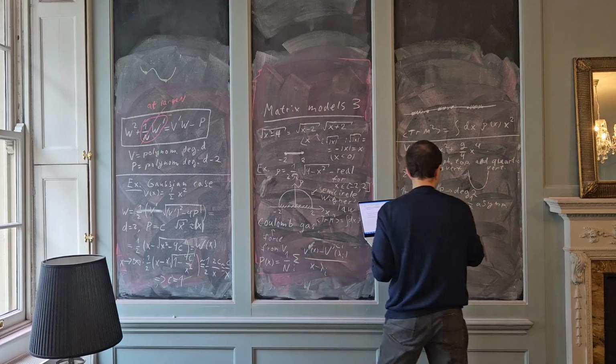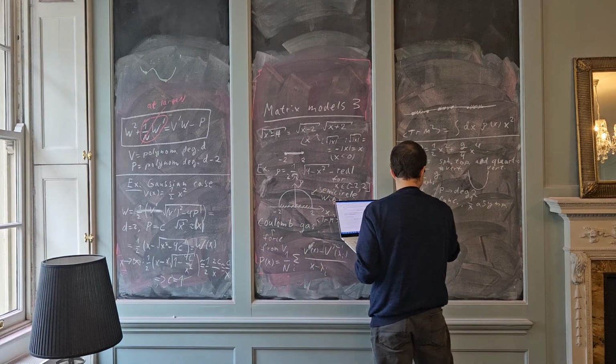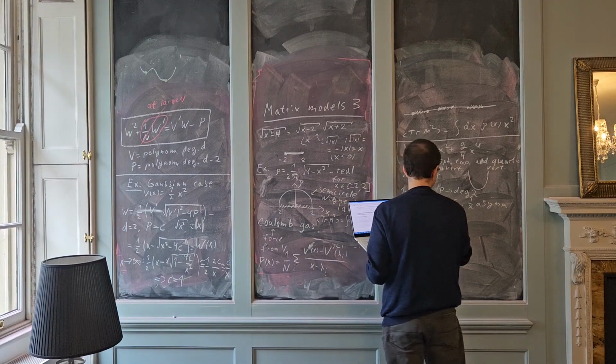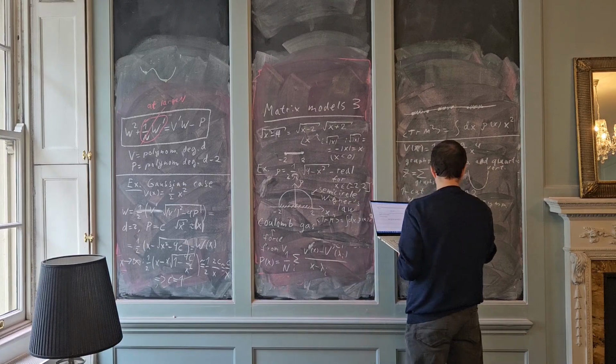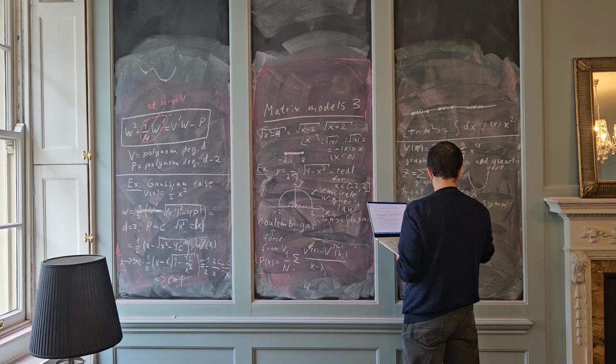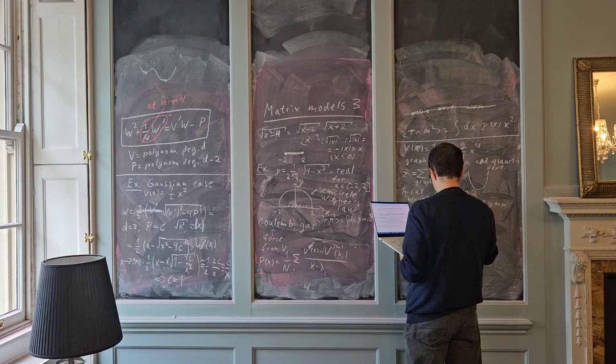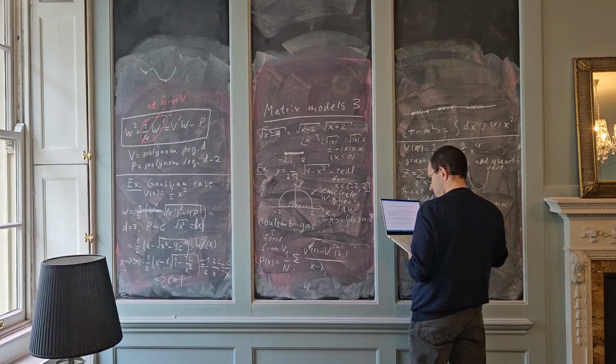So W of x will be V prime over 2, that is, one half of x plus G x cubed.